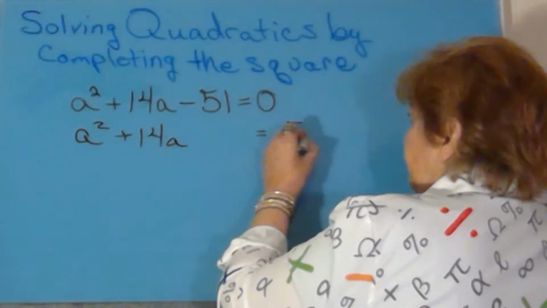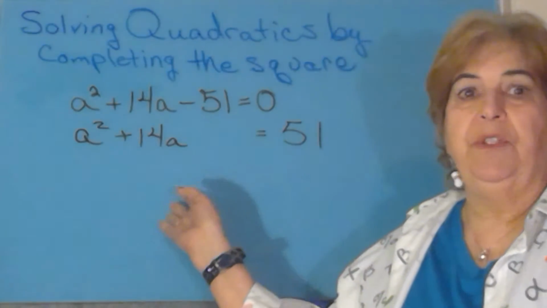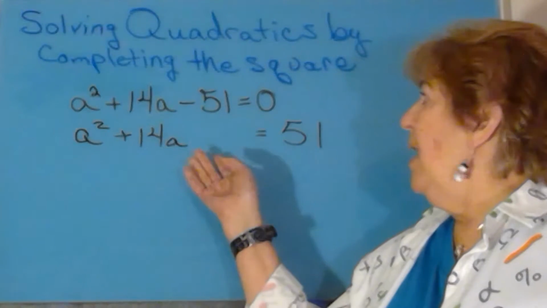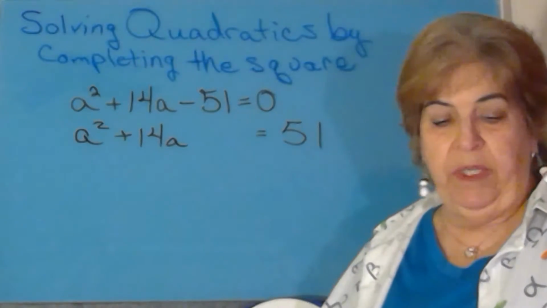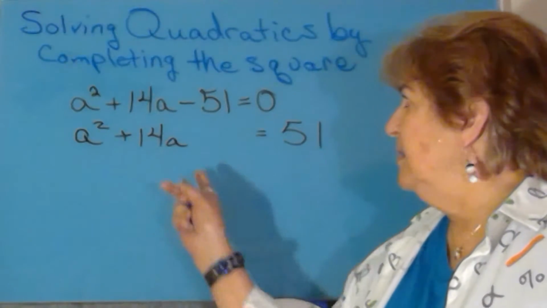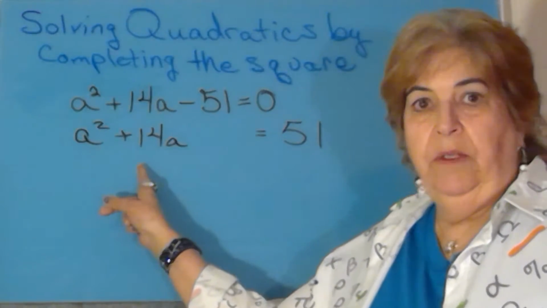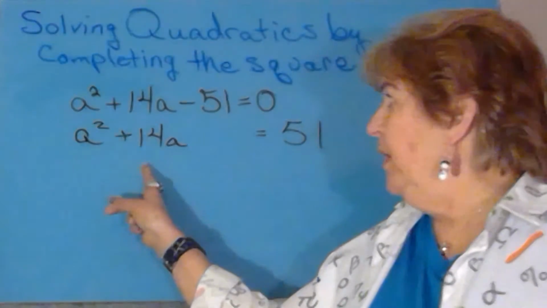equals 51. Now notice I did leave a space here. Give yourself room to work. That way I have a space to put the number that I'm going to add. So what do I need to put on both sides? You're going to take half of the 14, that's 7, and then we square it.